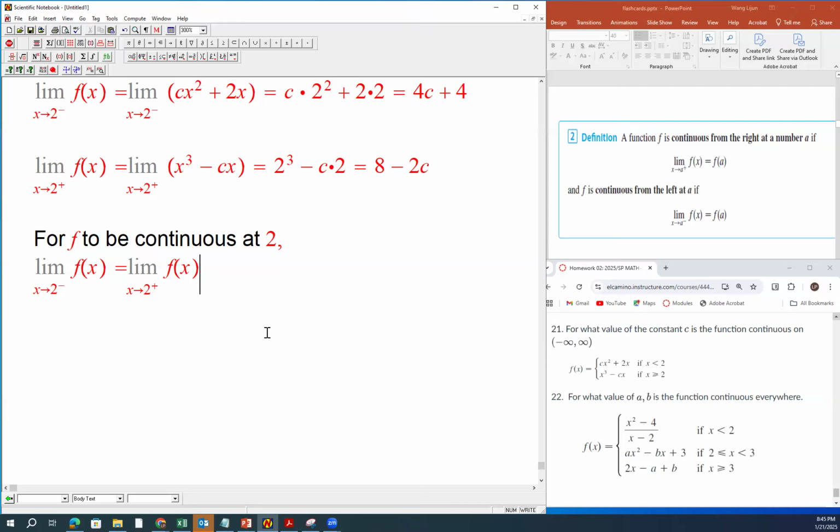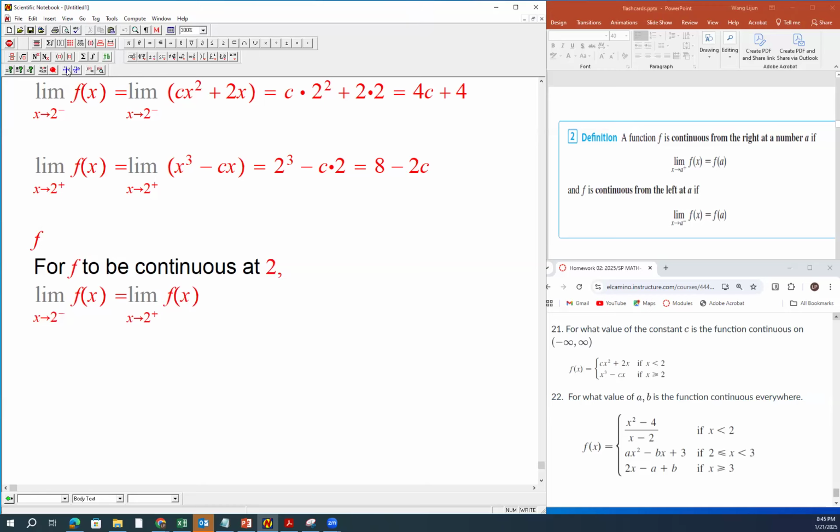And what is f of 2? We're going to substitute into x cubed minus cx. It's the same thing.